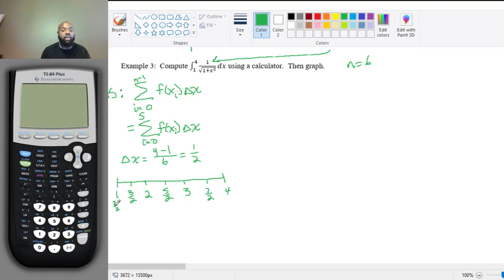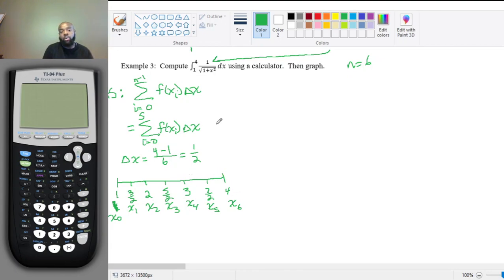So this 1 is your x sub 0. This is your x sub 1, x sub 2, x sub 3, x sub 4, x sub 5, and x sub 6, and that'll give you your 6 subintervals: 1, 2, 3, 4, 5, 6. You have 7 numbers, right?